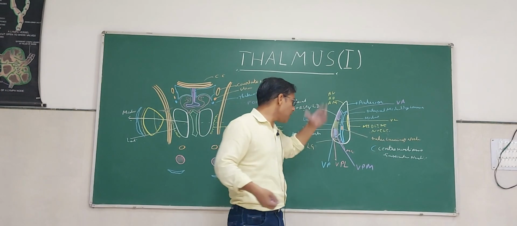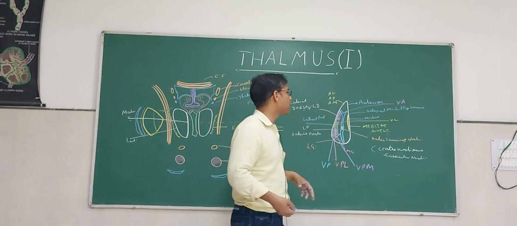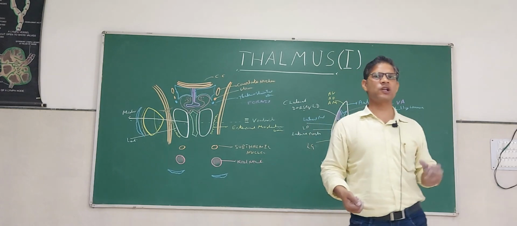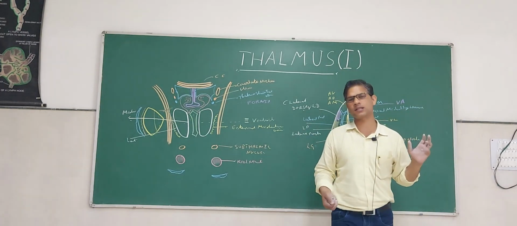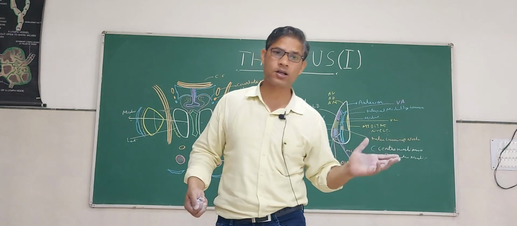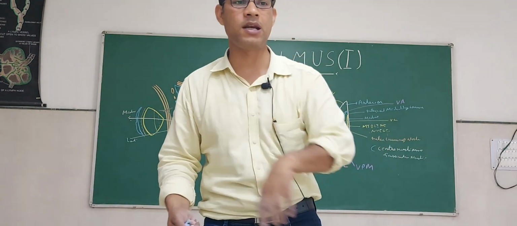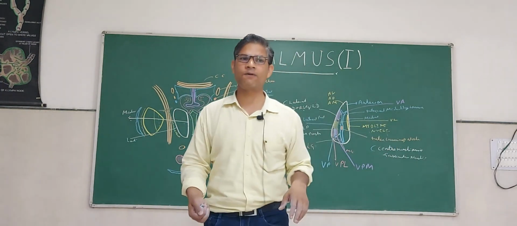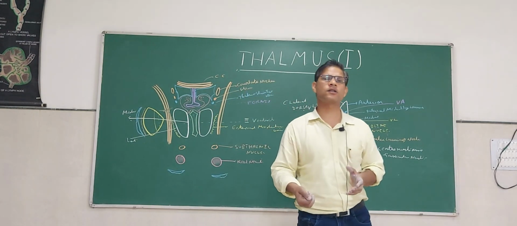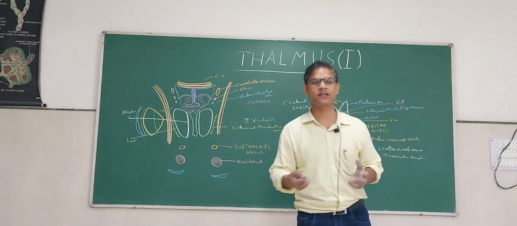Further, the ventral group of nuclei is divided into ventro-anterior, ventrolateral and ventro-posterior, especially concerned with the general senses of the body. The ventro-posterior group is divided into ventro-posterior lateral as well as ventro-posterior medial. This is the division of the thalamus, and all these nuclei are concerned with very specific sensation.